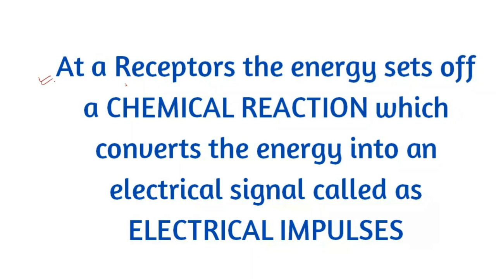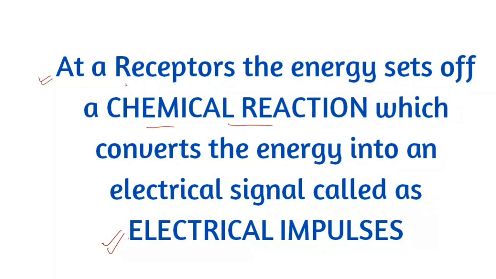At a receptor, the energy sets off a chemical reaction which converts the energy into an electrical signal. Please mark it down. This sentence, that at a receptor the energy sets off a chemical reaction which converts the energy into an electrical signal, is called electrical impulses.